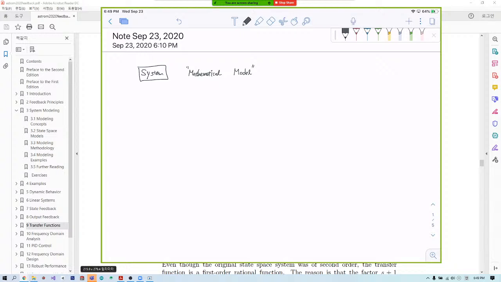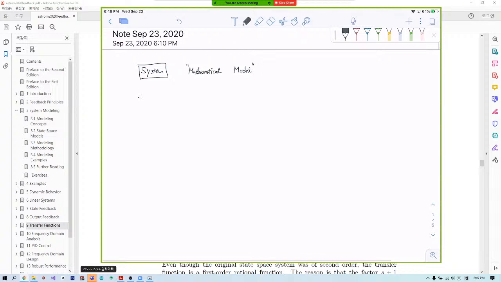One of the most widely accepted forms is called state space form. So I'm just gonna write down the standard form of this. This system of linear equations is basically a standard form of state space form.